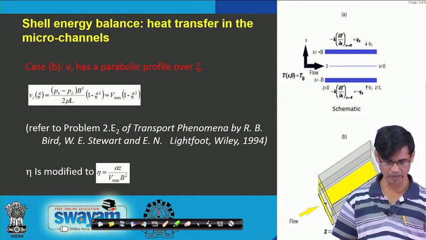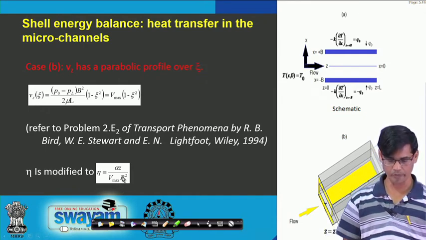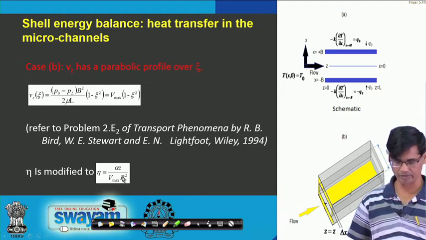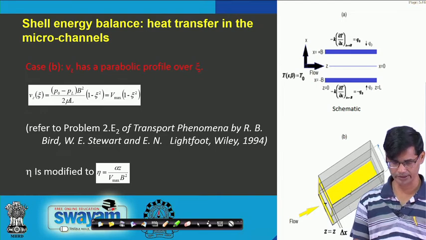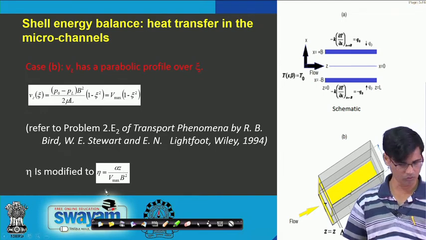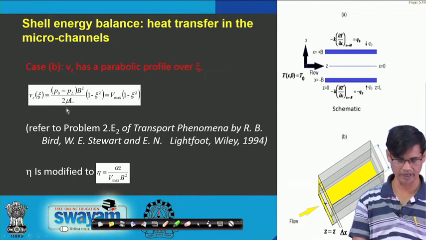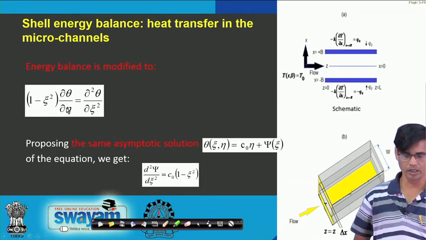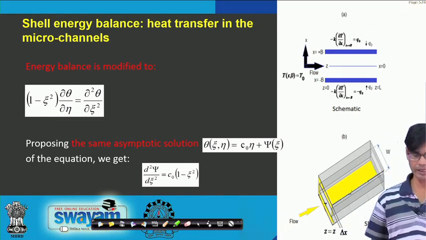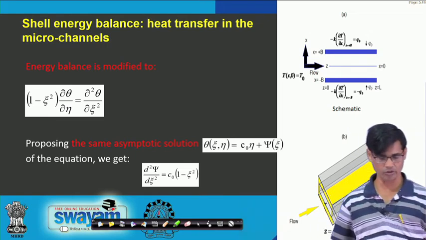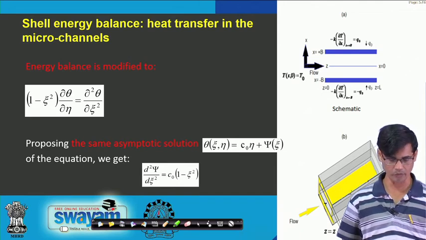That velocity profile we have used, and eta has been modified: previously eta was the dimensionless length, and now V has been replaced by V max, which we have defined based on the pressure drop. In this case the differential equation has been modified to 1 minus zeta square del theta del eta equal to C0 times 1 minus zeta square.